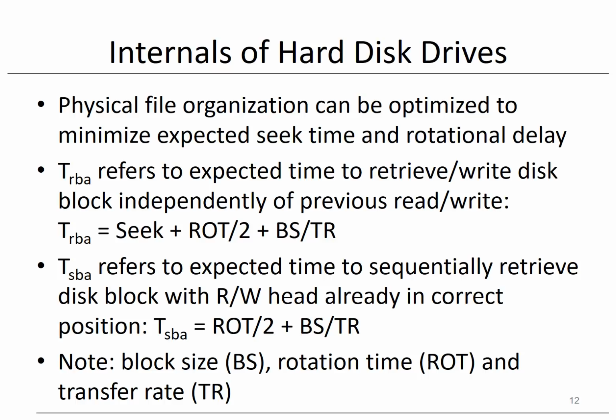TRBA refers to the expected time to retrieve or write a disk block independently of the previous read or write. TRBA equals seek plus ROT divided by 2 plus BS divided by TR, with block size BS, rotation time ROT, and the transfer rate TR.